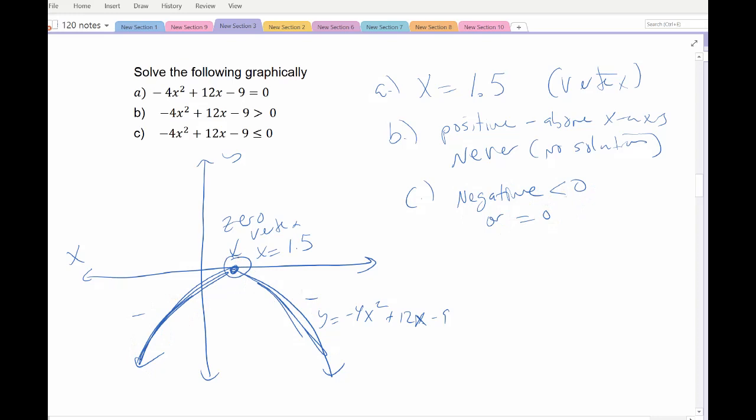So if I plug numbers into it from negative infinity to positive infinity, it's going to come out negative or 0. There's just one case where it comes out 0. All the rest of the cases it comes out negative. So this would be all real numbers, or from negative infinity to positive infinity, as the answer to C.